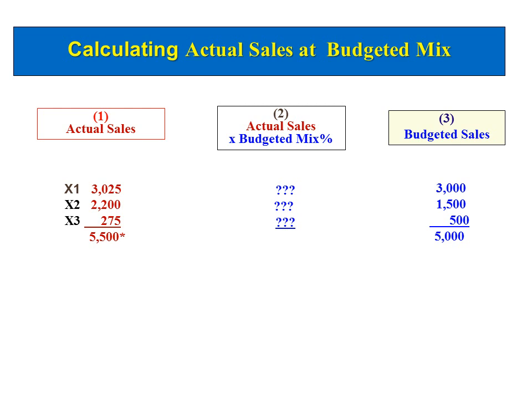So I have 3 steps. What is the first one? Yes, this is the first one. I need the total actual sales. What is the second step? I need to calculate the budgeted mix. I will take the total of number 1, and from number 3 I have to calculate the percentage.